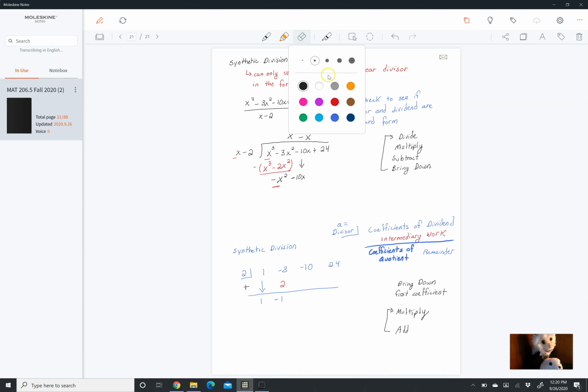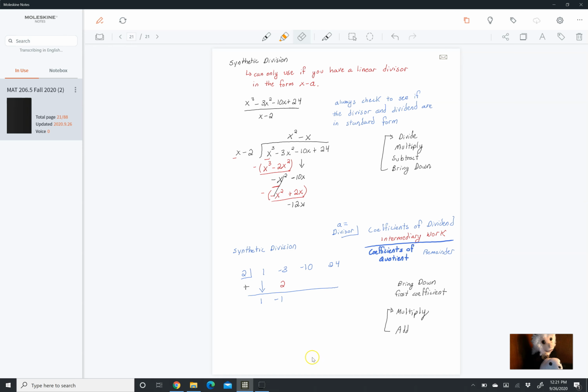So when we multiply, in the long division, we would get -x squared plus 2x. And then we subtract this whole thing. And if we do that, this cancels, and we do -10 minus 2, which gives us -12.